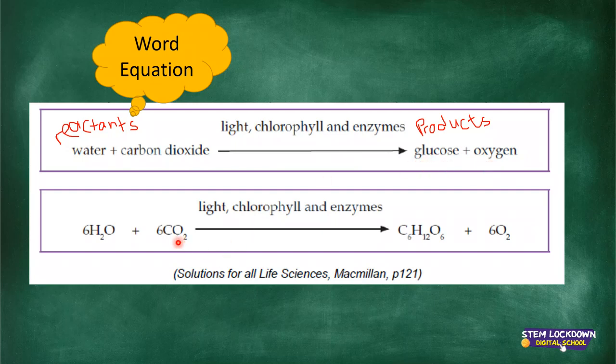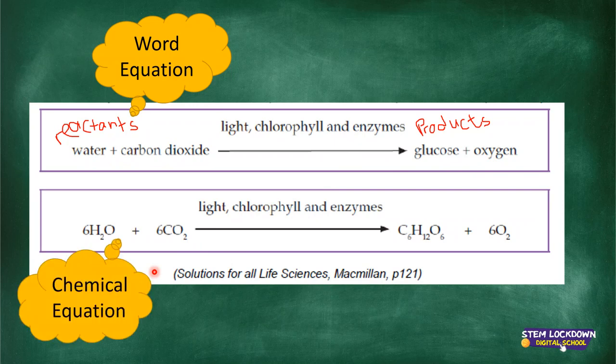Okay, and here, the bottom rectangle is depicting a chemical equation. You guys need to know both the top and the bottom. Guys, it doesn't change whether the water is written like this or it's written like this, it's still water. The 6 here just indicates that we have 6 molecules of water, okay?